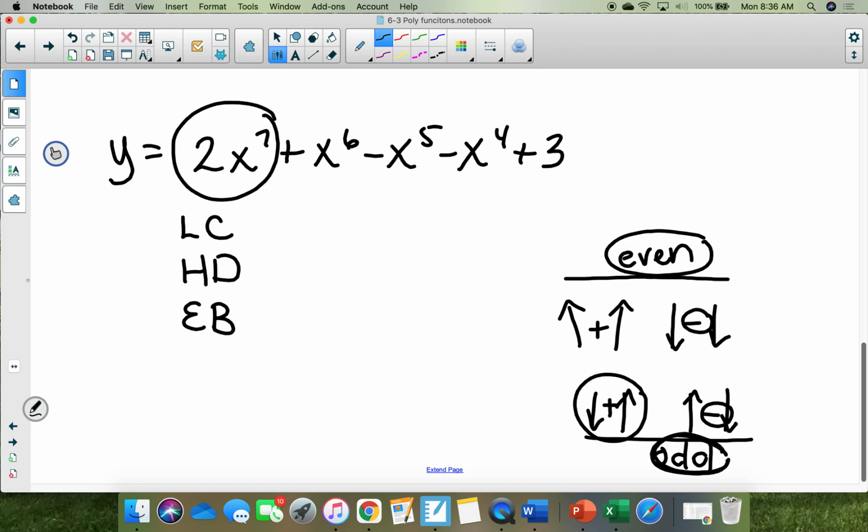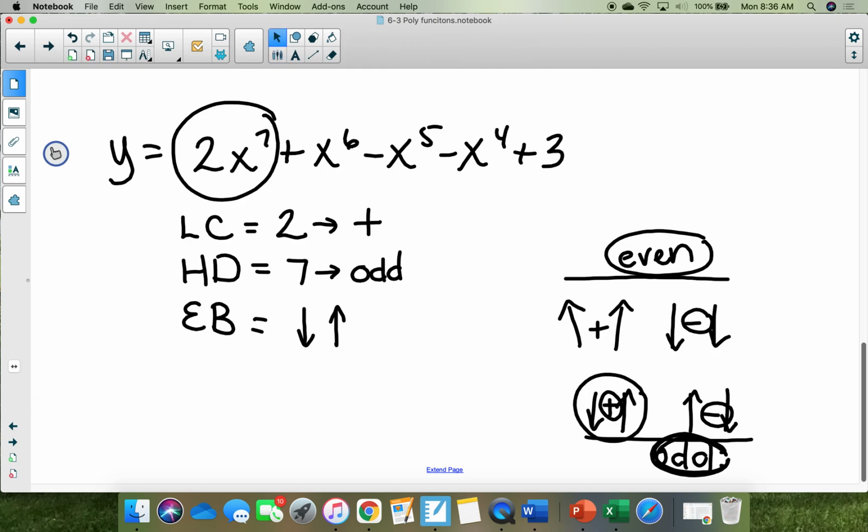I'm going to circle the highest degree, 7. The number out in front is called the leading coefficient. It's 2. This number is a positive number, and this number down here is an odd number. I need to look at positive and odd. Positive and odd starts down and ends up. And that's all you're doing on this worksheet. Now we're going to put it all together for 6.4.